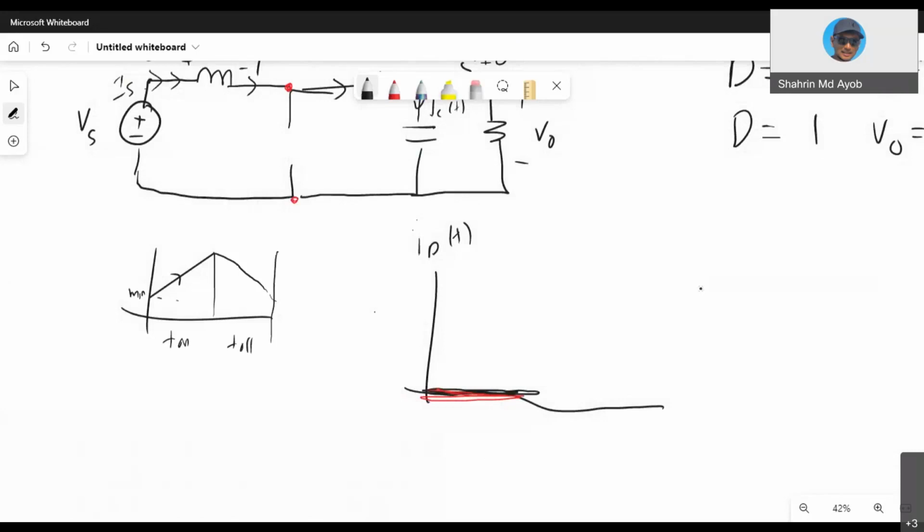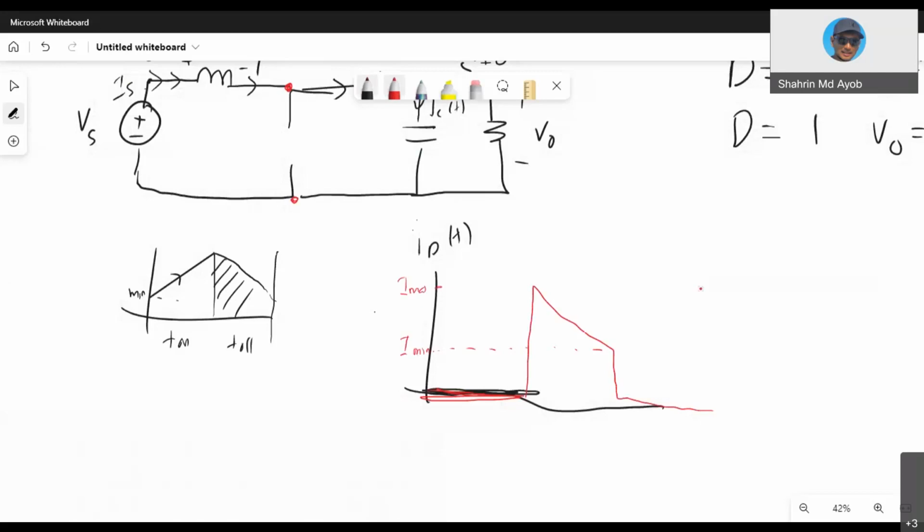So the current of the inductor that goes through the diode is this portion. So the I diode waveform is like this. You have Imax and this one is your Imin. Can you see?